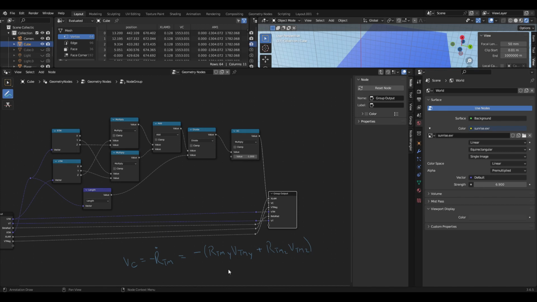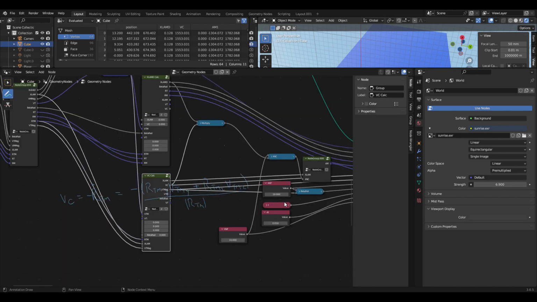And so VC is another quick calculation, and if I write it out, it's minus RTM dot, which is minus RTMY VTMY plus VTMZ RTMZ, and that quantity is over the magnitude of RTM, and that gets you VC, and that's what's calculated here.